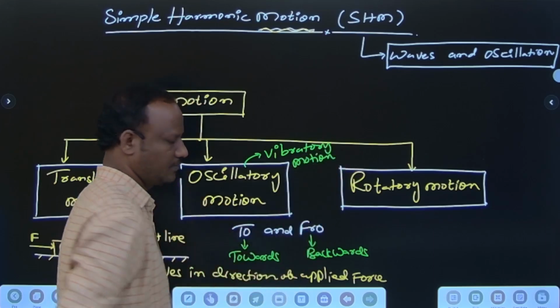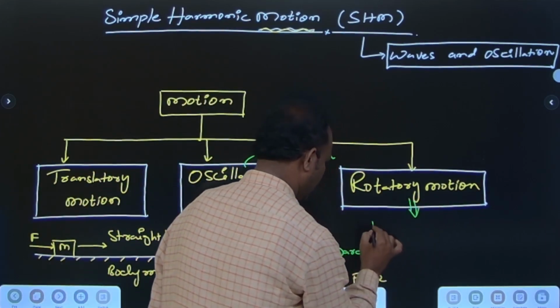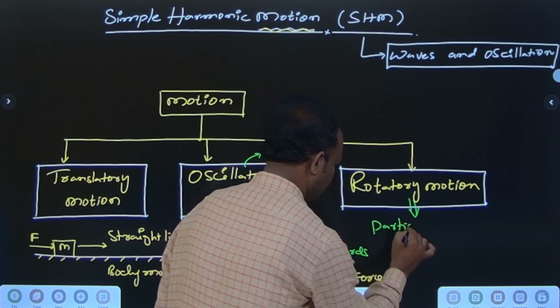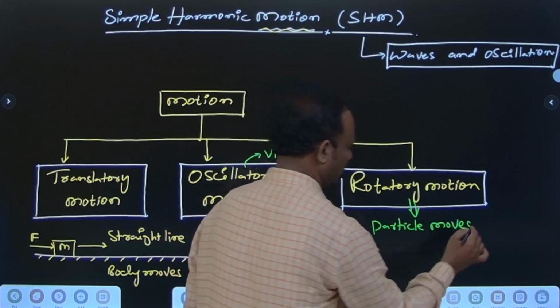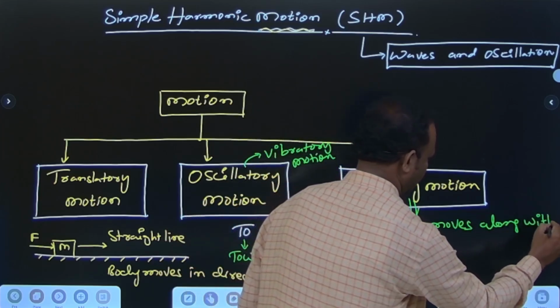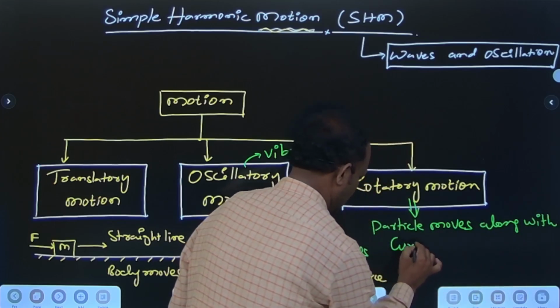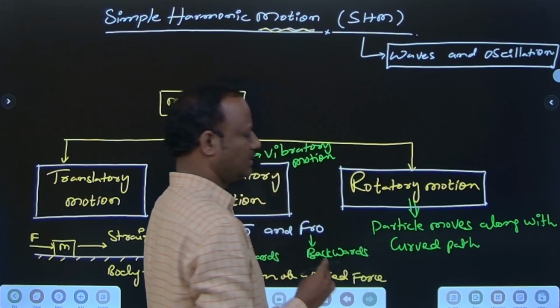Rotatory motion is when a particle moves along a curved path.